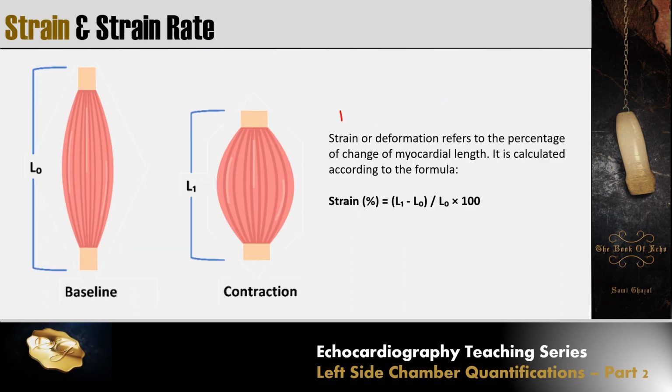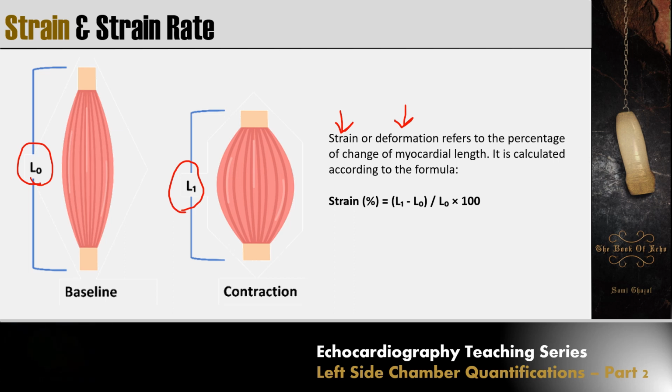Strain or deformation are the same thing, and they refer to the percentage of change of the myocardial length. So this is the baseline, we call it L0, and this is the final length, which is L1, of a myocardial segment. So how do we calculate strain or deformation?